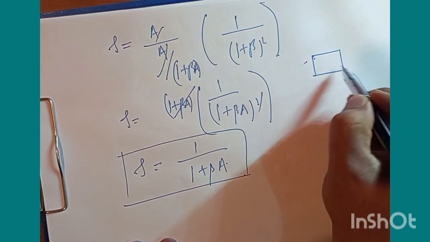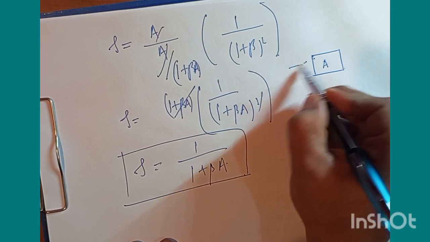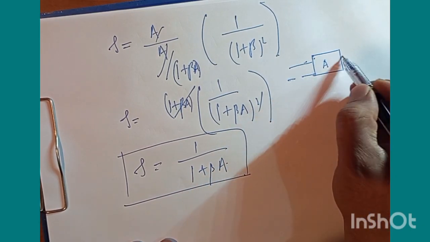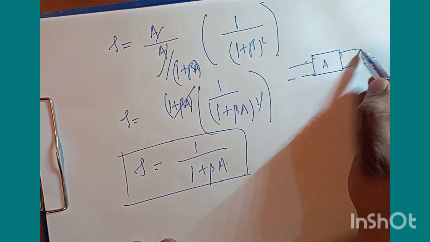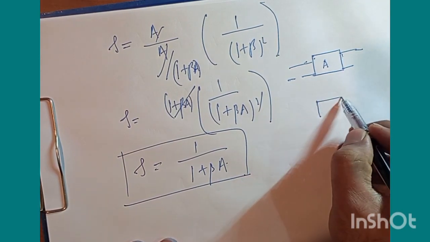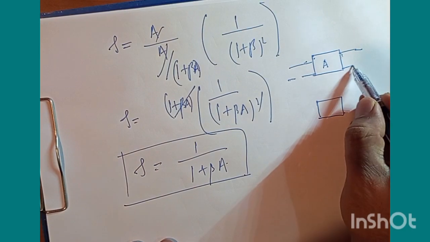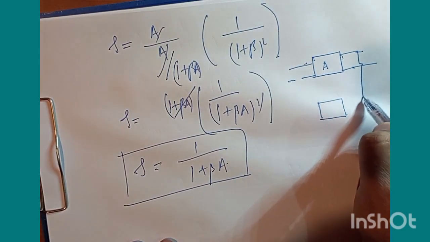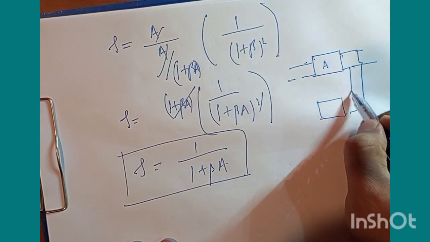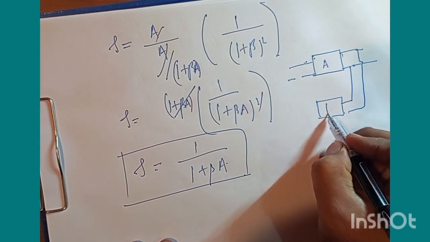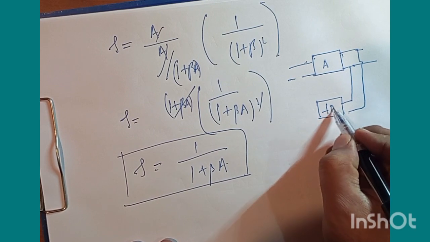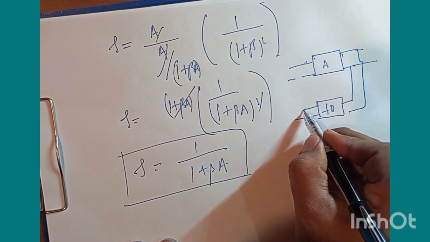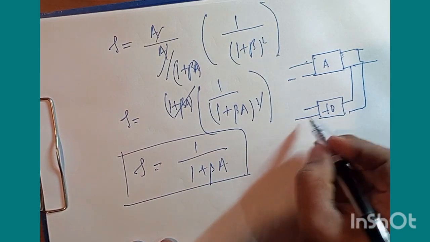We had an amplifier, we had the terminals for this, and we had a feedback circuit, and from here we had the output, and here we used to obtain the output from the feedback.